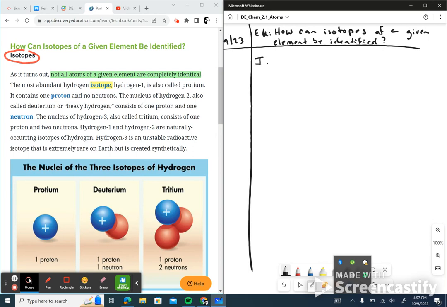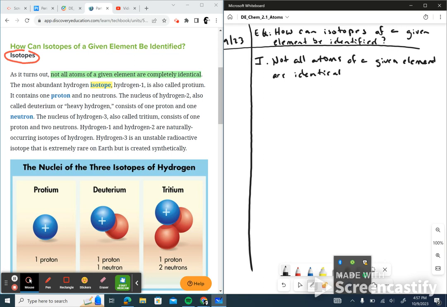I used the green to identify the main idea here. Not all atoms of a given element are completely identical. So let's write that down: not all atoms of a given element are identical.